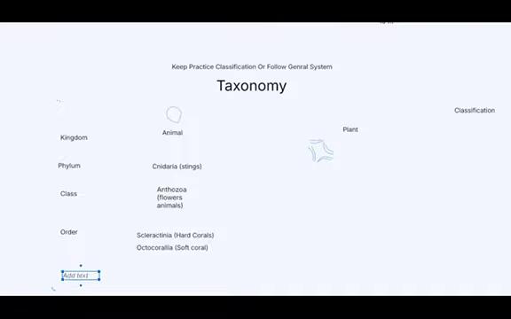So for family, from hard coral, from Scleractinia, we have a very famous, most popular family, Acroporidae. So Acroporidae is a big family of coral reef from hard coral, which includes a lot of individuals inside. Can we be more specific?